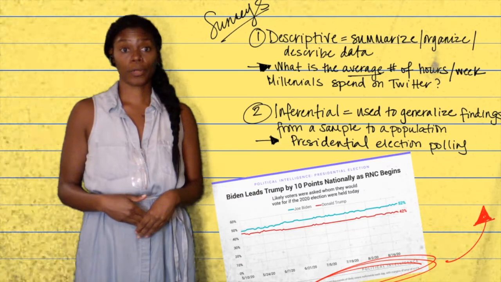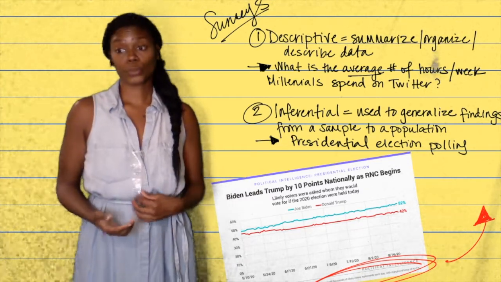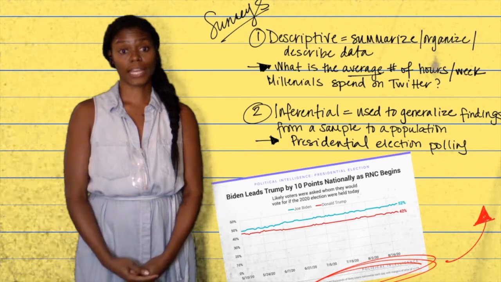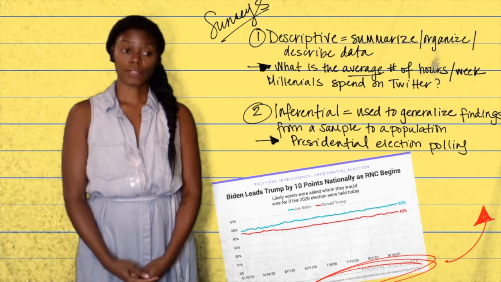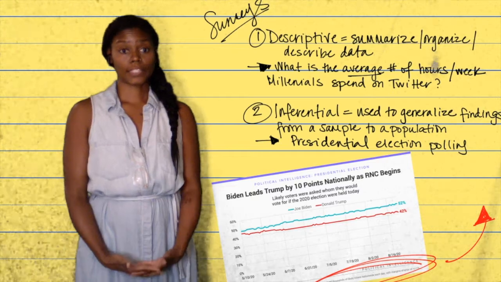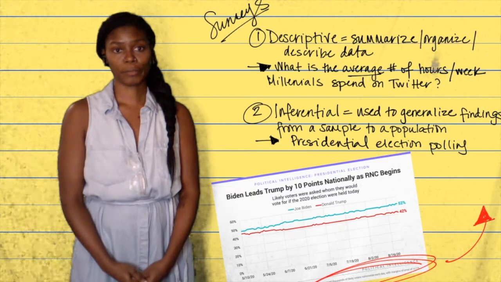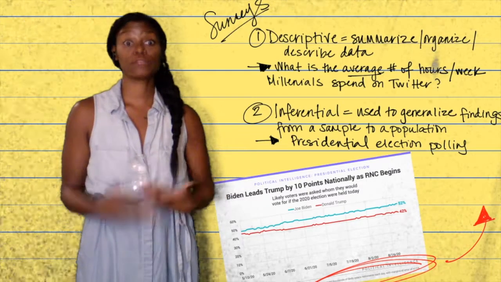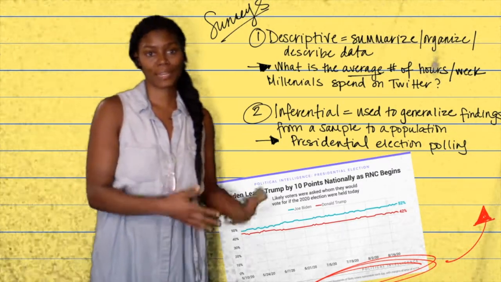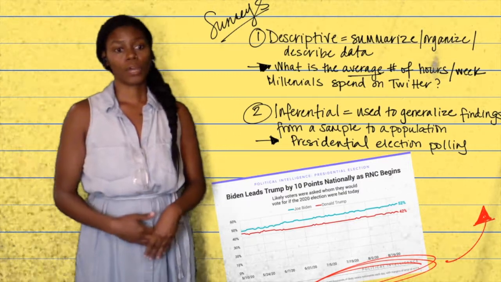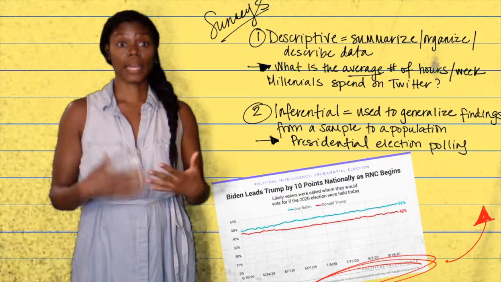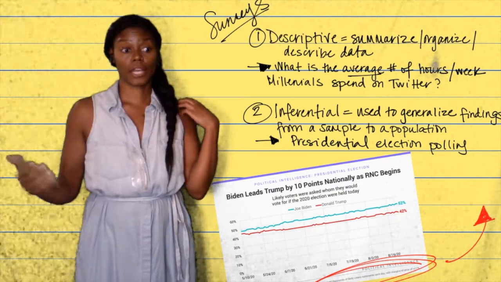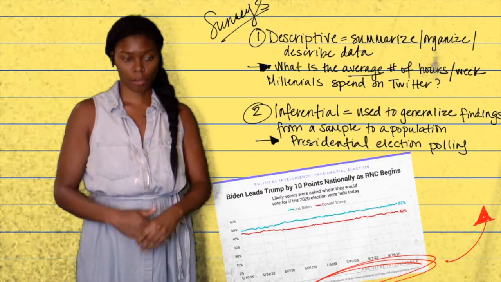For example, the General Social Survey, which we're going to be using a lot in this class, collects data from about 2,500 people living in the US, and they use that to make inferences, which is where we get the word inferential, about the thinking of the broader society on these topics that are being asked.